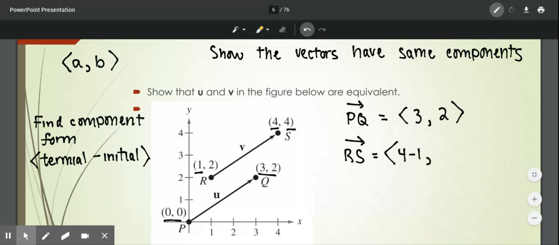And then your terminal y minus your initial y, so 4 minus 2. So we get that the components for RS are 3, 2. If you think about what we did, we took this R and shifted it down: horizontally, we subtracted 1, and vertically, we subtracted 2. So we're just doing that shift and moving that vector down. And since they have the same components, the vectors have to be equivalent.